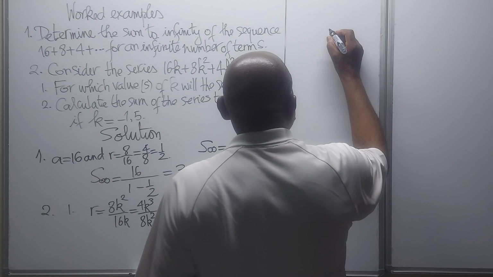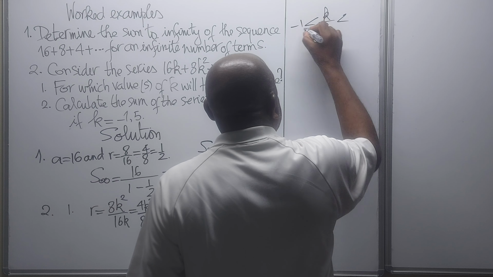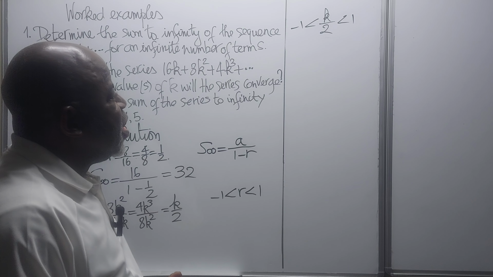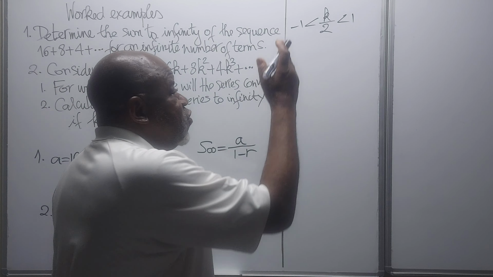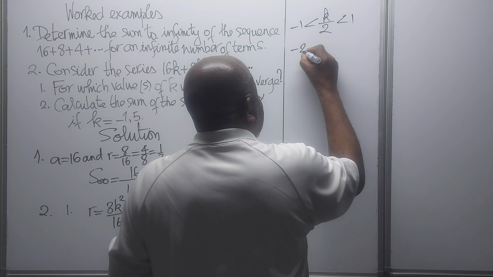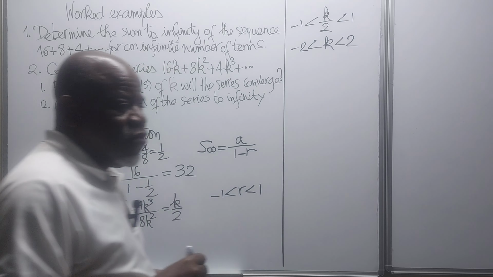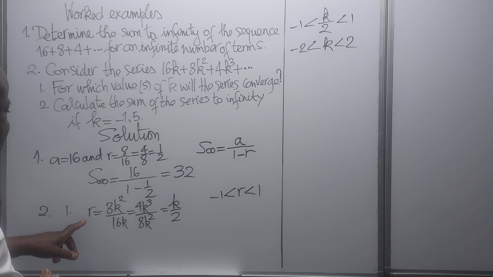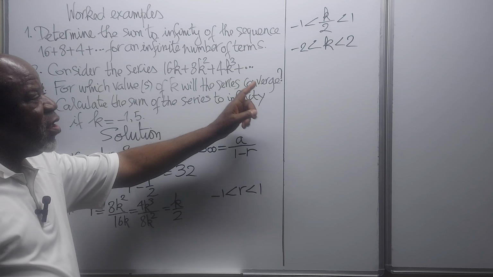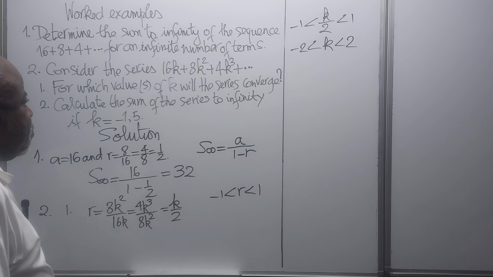So we have k over 2 between negative 1 and 1. Now, to clear the denominator, we're going to multiply by 2. So k will be between negative 2 and 2. So here's the answer for the first question: for which values of k will the series converge? The value of k will be between negative 2 and 2.